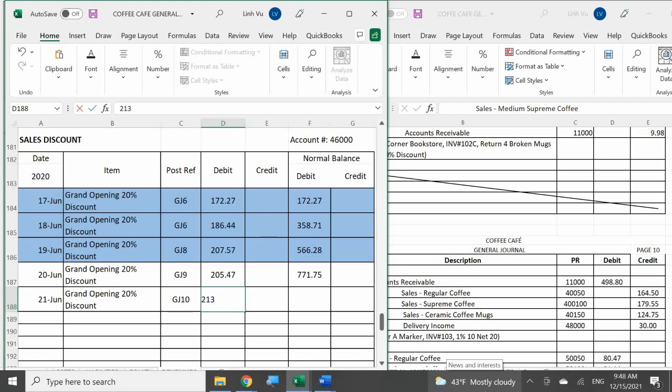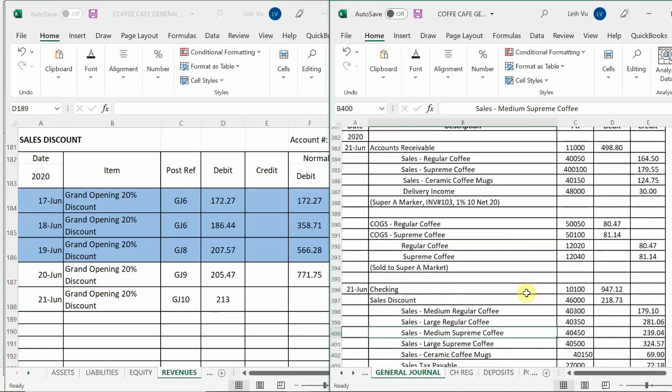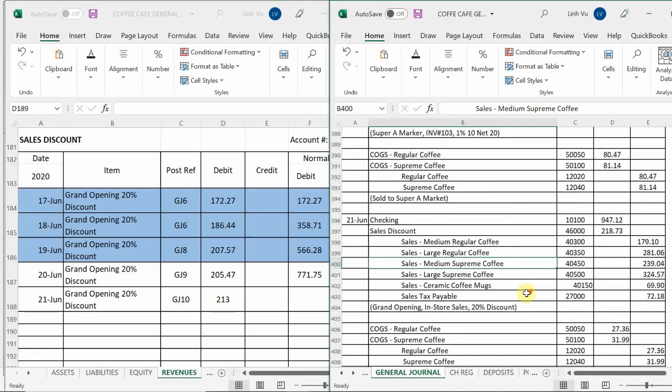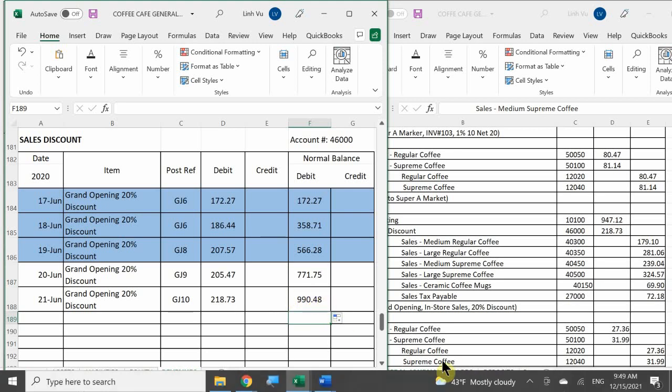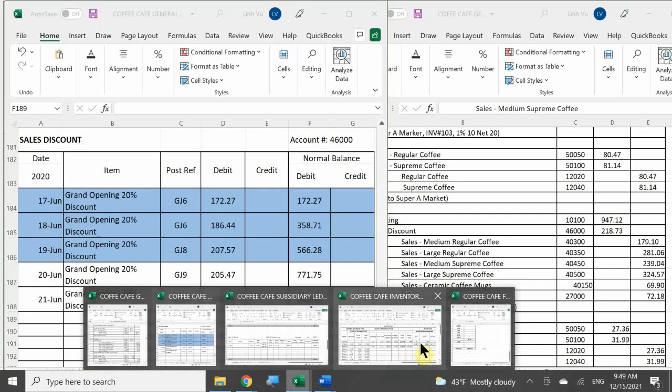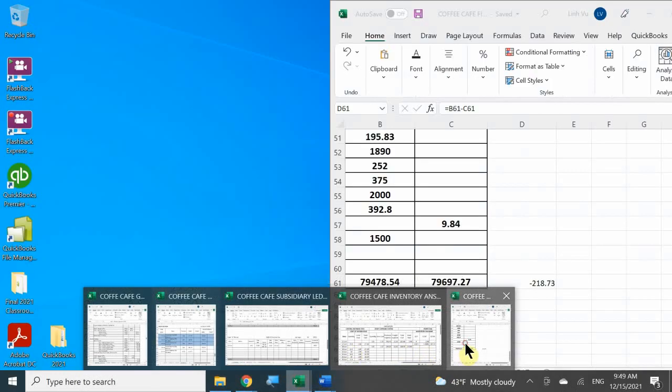What was it? 213.73 or 218.73. Sales discount for 218.73, which brings my account to a total of $990.48. And that's what I got to do. I got to change that in my ledger account.